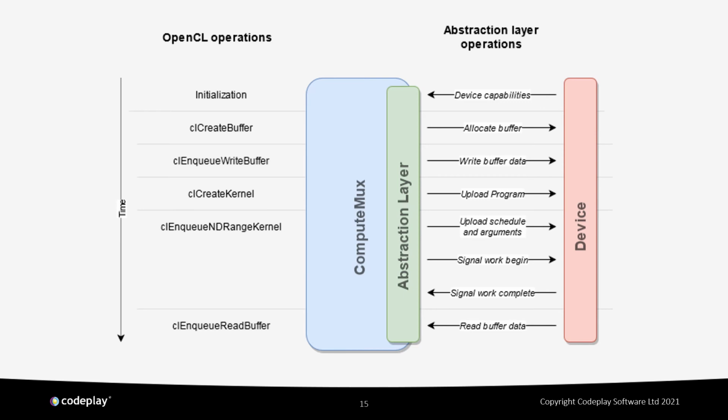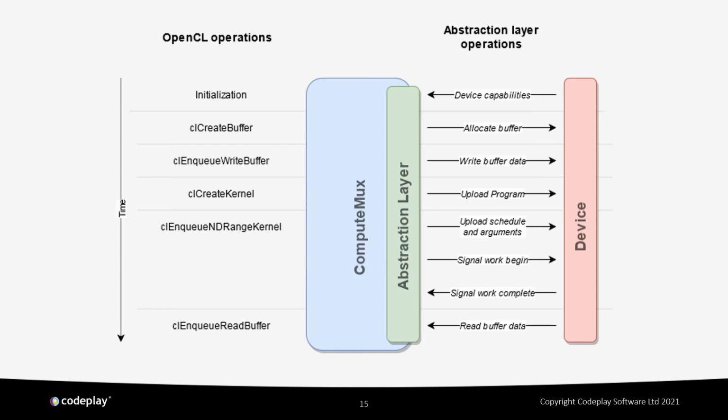Then a message will have to be passed across to the device to say, okay, here's some work, please begin. So this will include things like a pointer to the kernel that we're going to execute, along with the schedule and the args, which have already been uploaded to the device. At this point, the device will then execute the kernel. And so once the kernel has been executed, it's likely that in the source code, they're going to read back the results of that operation via something like clEnqueueReadBuffer, at which point this is handed over to the abstraction layer, which says, okay, here's a pointer to host memory.